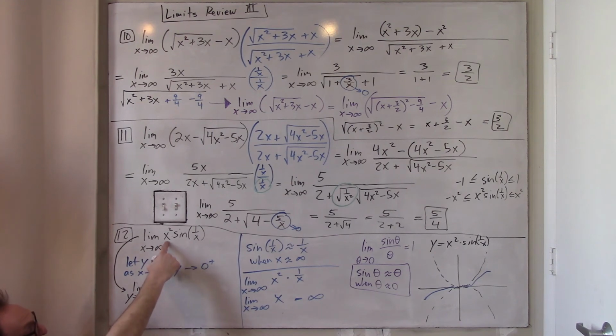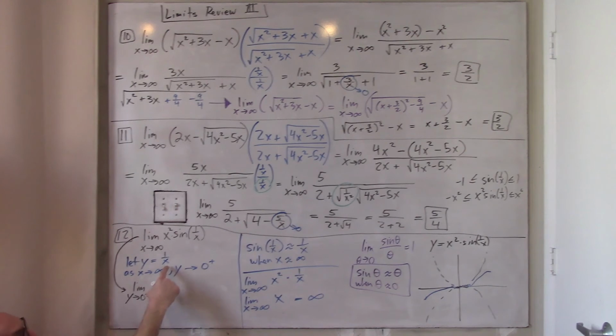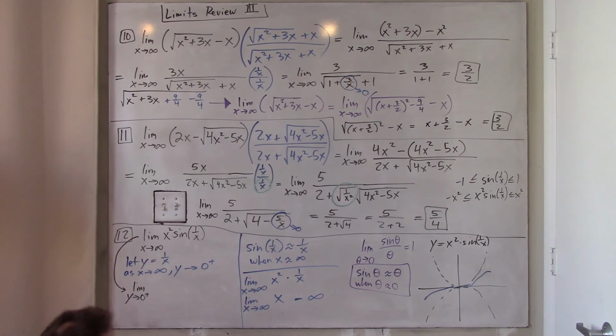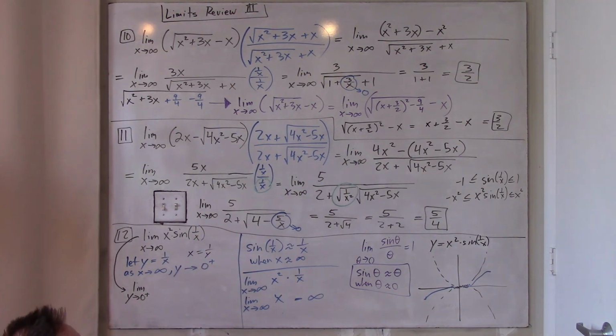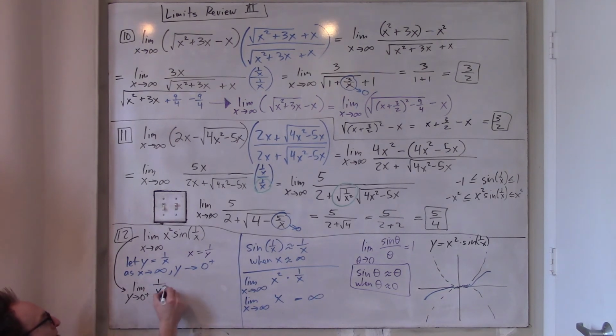In place of x squared, well, what is x squared? x is just 1 over y, of course. So x squared is just 1 over y squared. So this becomes 1 over y squared times sine of y.